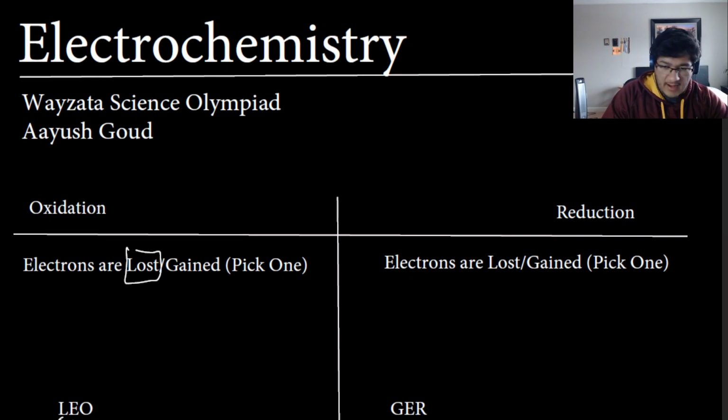On the other hand, reduction is when electrons are gained. So LEO says GER, which is gain of electrons in reduction.